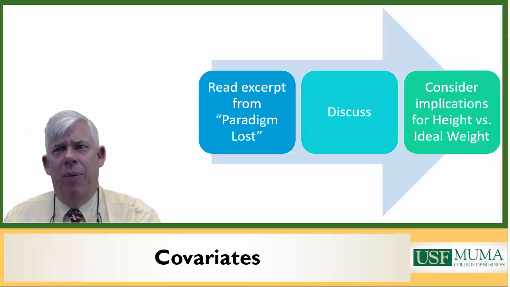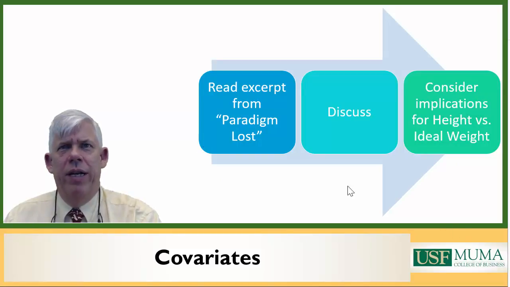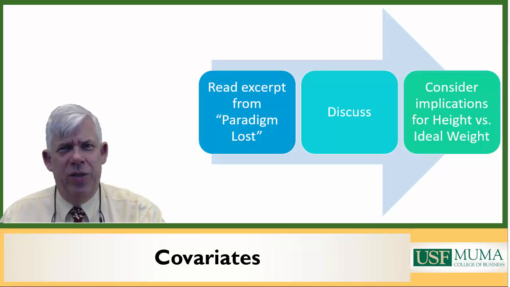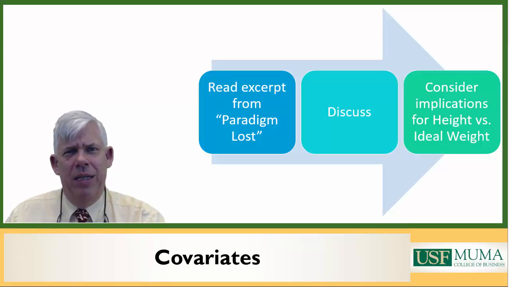So in the workshop, what I did was have everybody read an excerpt from Paradigm Lost, which is a paper that was submitted to Informing Science that talked a little bit about some statistical issues that frequently came up. And in this particular reading, they were trying to estimate the weight of trains based upon the number of cars.